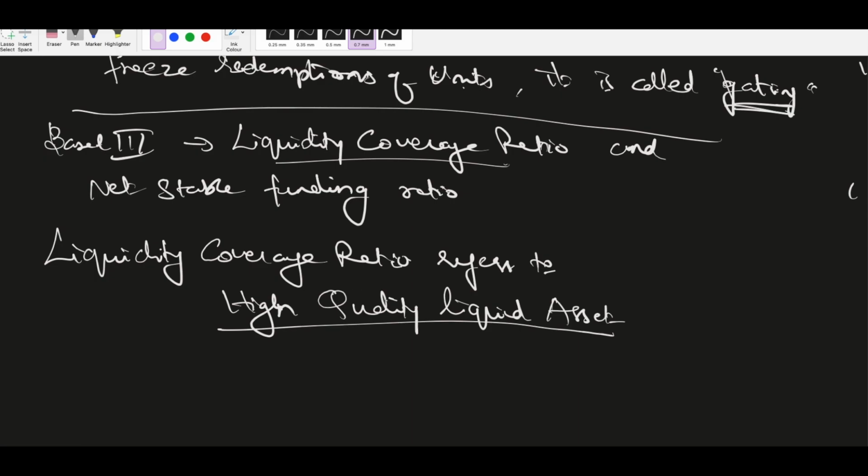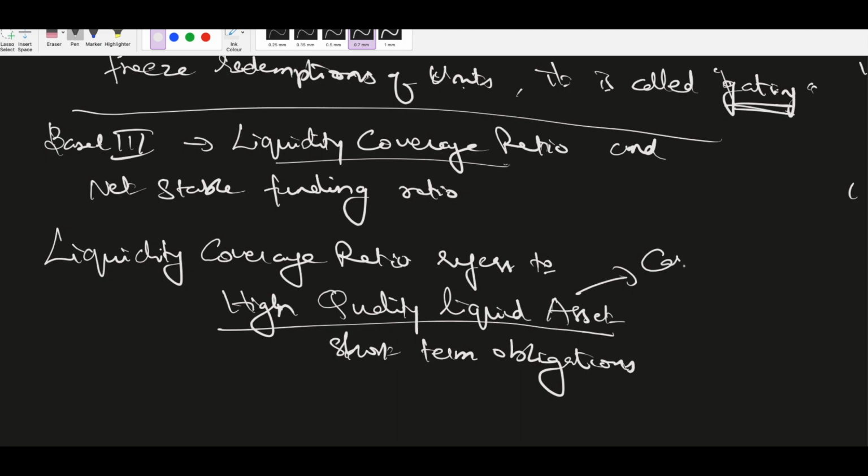It refers to having high quality liquid assets to pay off your short term obligations. So what are high quality liquid assets?